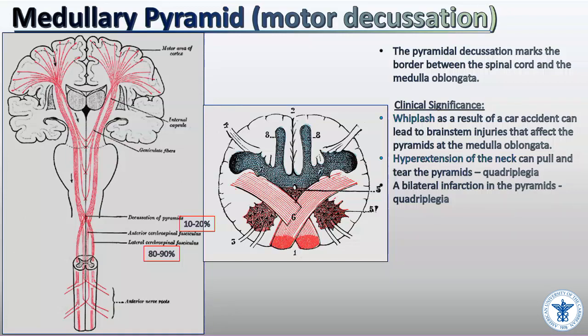There may be no external injuries, no fractures or anything of that sort, but you can have an injury to the motor pyramids and the decussation. And this can be terrible because there's nothing you can do much about it except to help the patient with ventilation and things like that. A person can become completely quadriplegic without any external injuries because of the way the fibers are arranged.